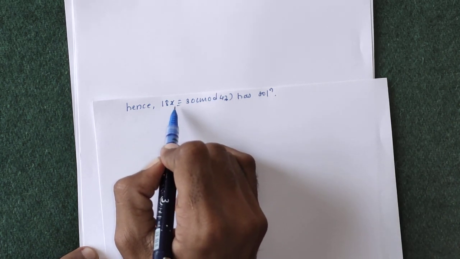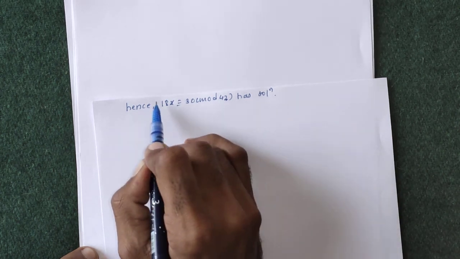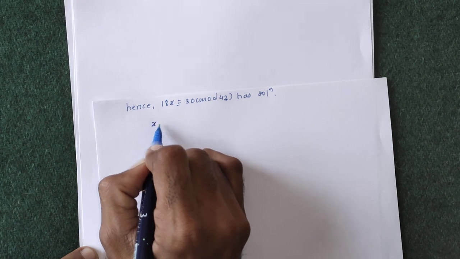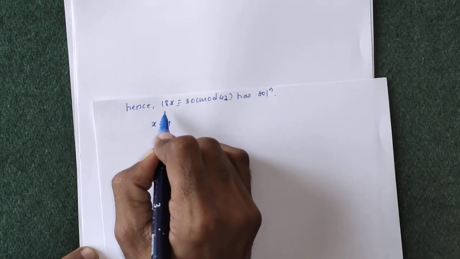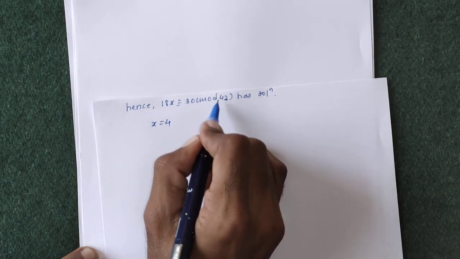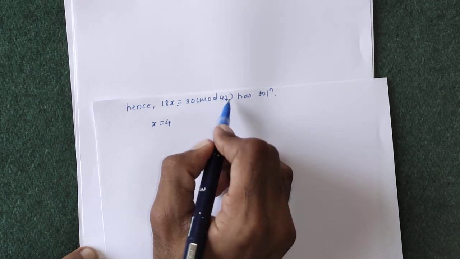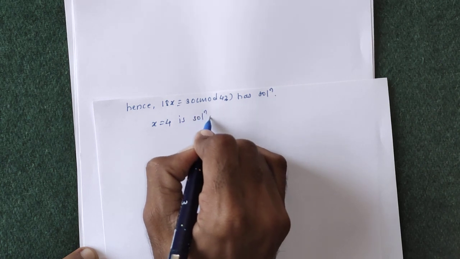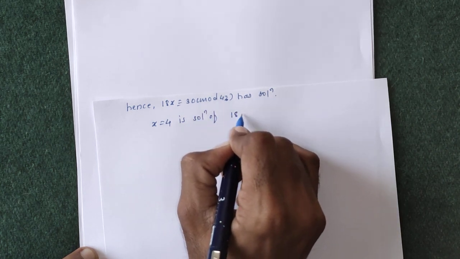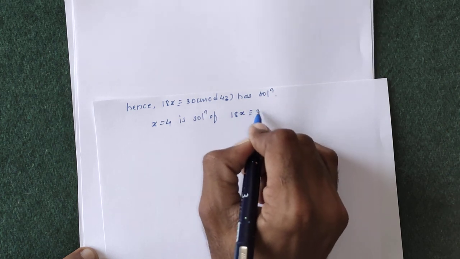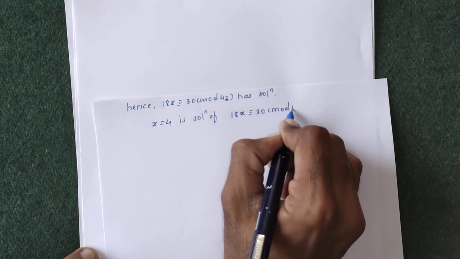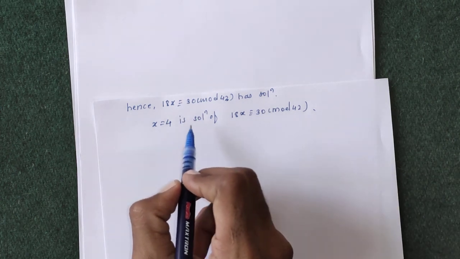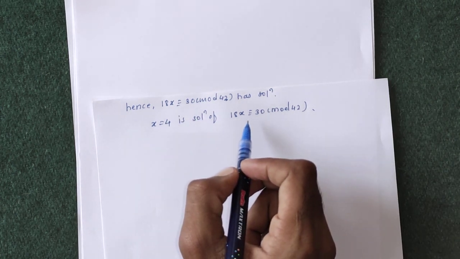If we put x equals 4, we get 72, and 72 minus 30 is equal to 42. So x equals 4 is a solution of this congruence 18x is congruent to 30 under modulo 42, doing these calculations on the calculator.